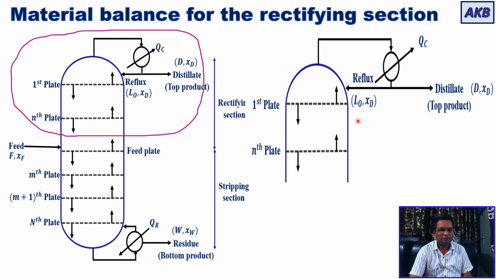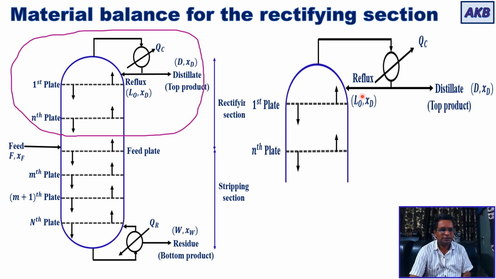So in the rectifying section, we will have any plate, any nth plate in it, then the first plate, then you have the condenser. In the condenser, heat is removed at the rate of QC.